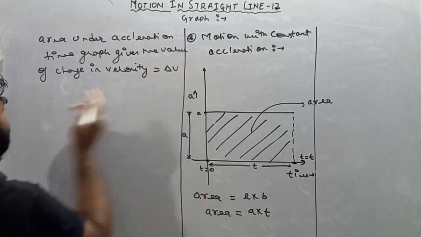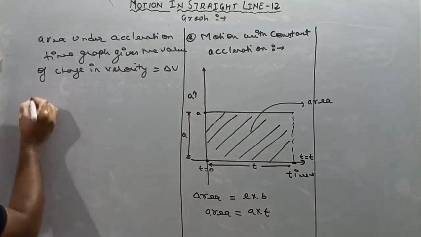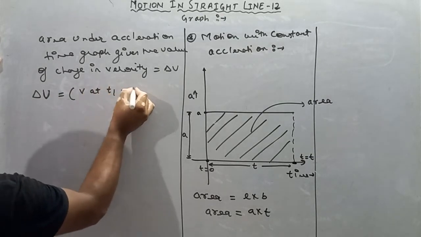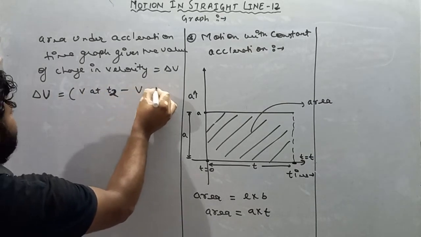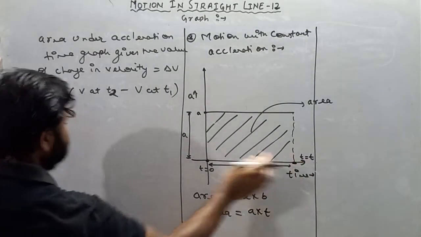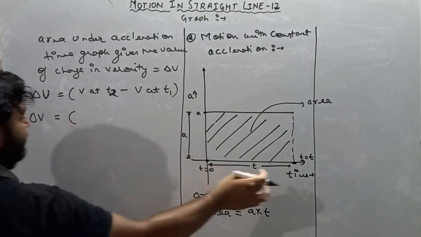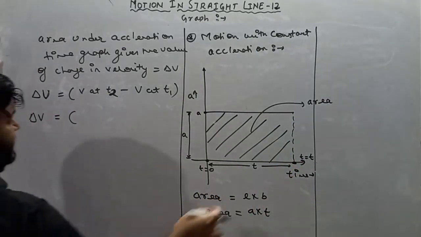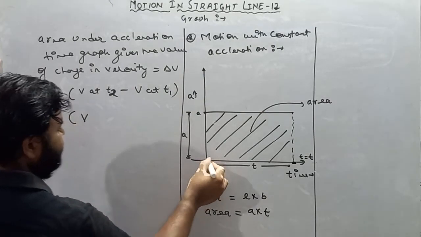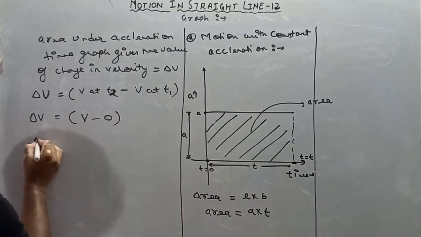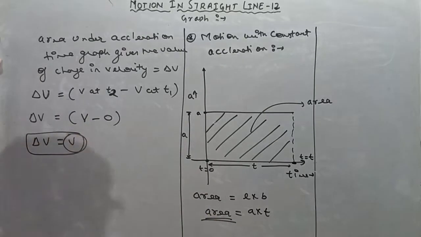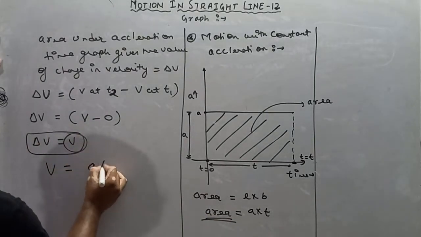delta v. Now see, my dear student, change in velocity is nothing but velocity at t2 minus velocity at t1. Velocity at t2, let's suppose, is v, and velocity at t1 is 0, so delta v is nothing but v. So instead of area I'll write v, so v is equal to at.